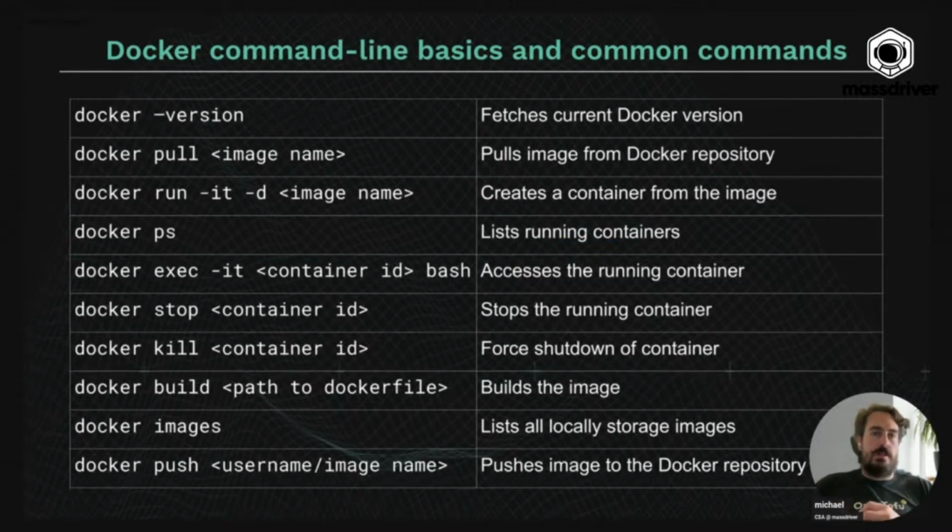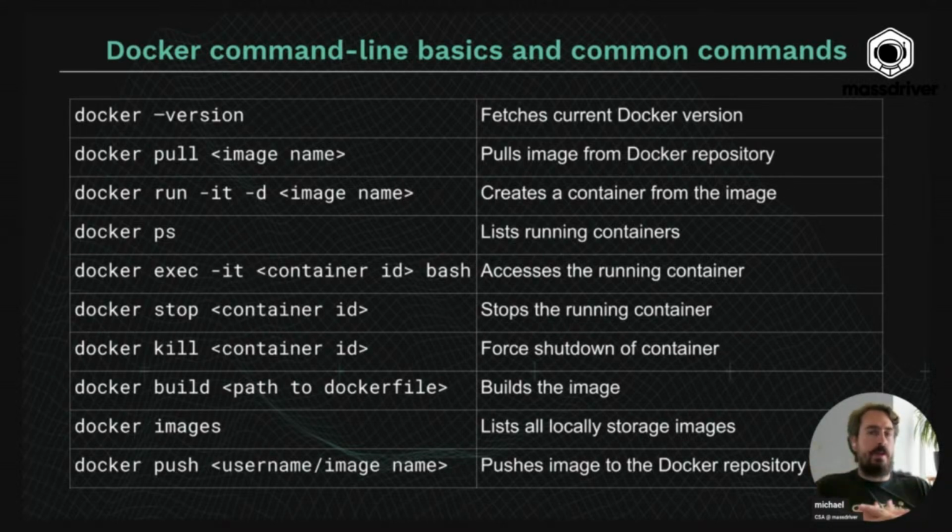Let's talk about the Docker CLI next. The Docker CLI is a powerful tool for interacting with the Docker daemon named dockerd. And this daemon is responsible for managing containers. Through the CLI, you can issue commands to control every aspect of containerization, from pulling images to running, stopping, and managing containers.